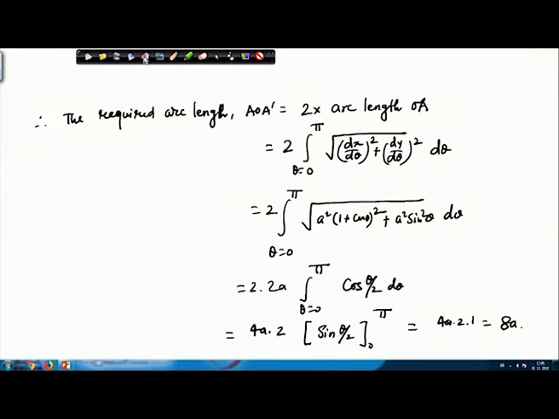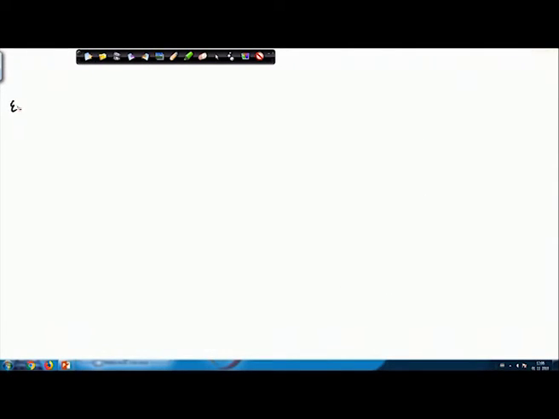Now, let's work out an example where we will use the polar coordinate system. So, let's go to another example. I lost track, so it could be example 4. Find the perimeter or arc length, or rectify, they are all the same thing.